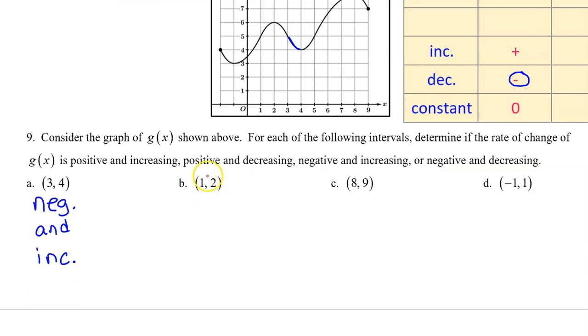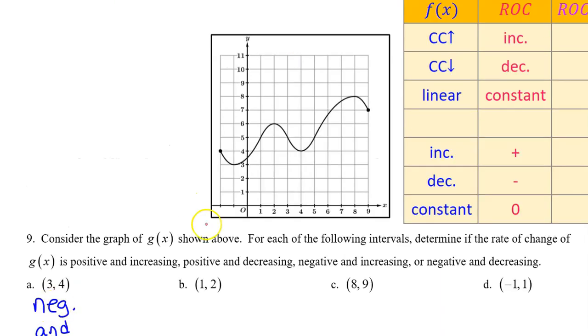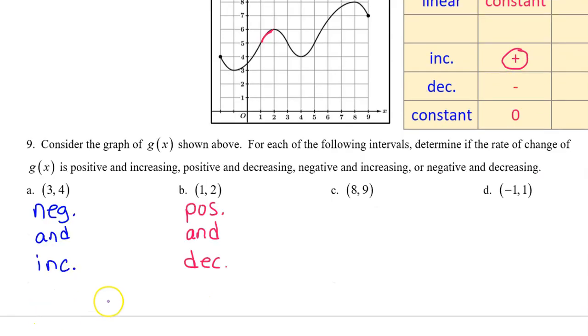How about the interval from 1 to 2? The interval from 1 to 2 is right here. We can see that g of x is increasing, so that makes the rate of change positive. We can also tell that this is a portion of the graph where g of x is concave down, which means that the rate of change will be decreasing. So this is an interval where the rate of change is positive and decreasing.